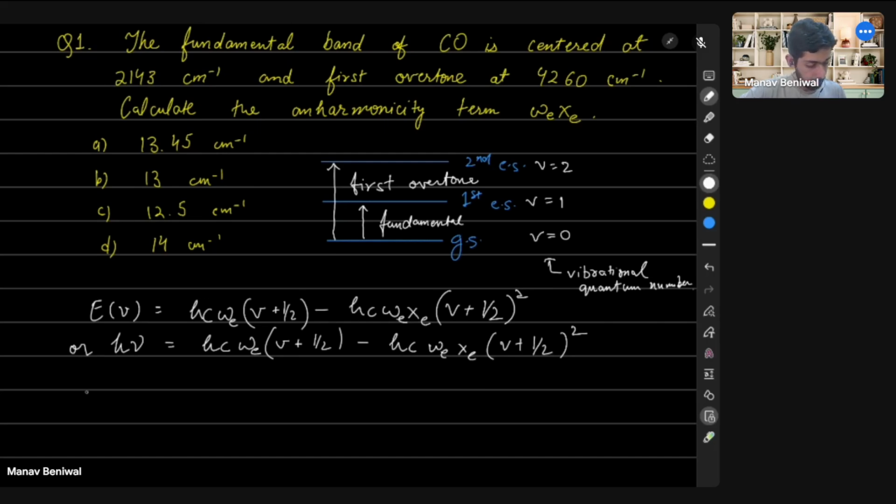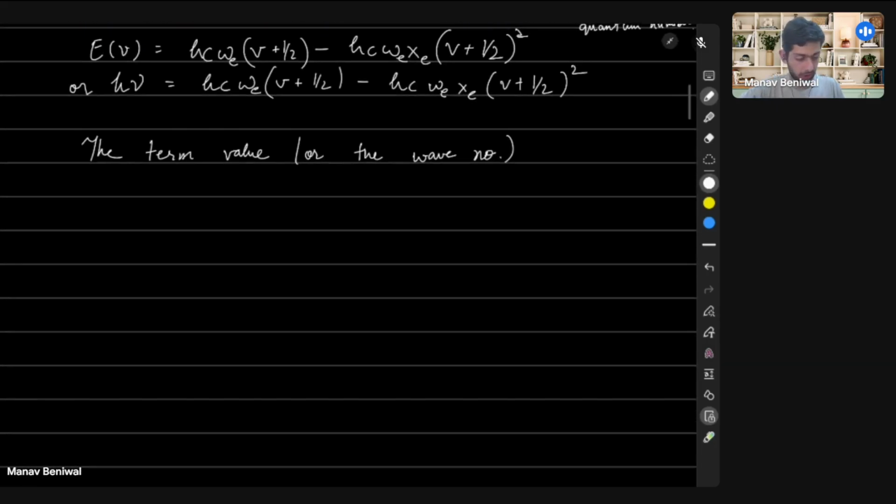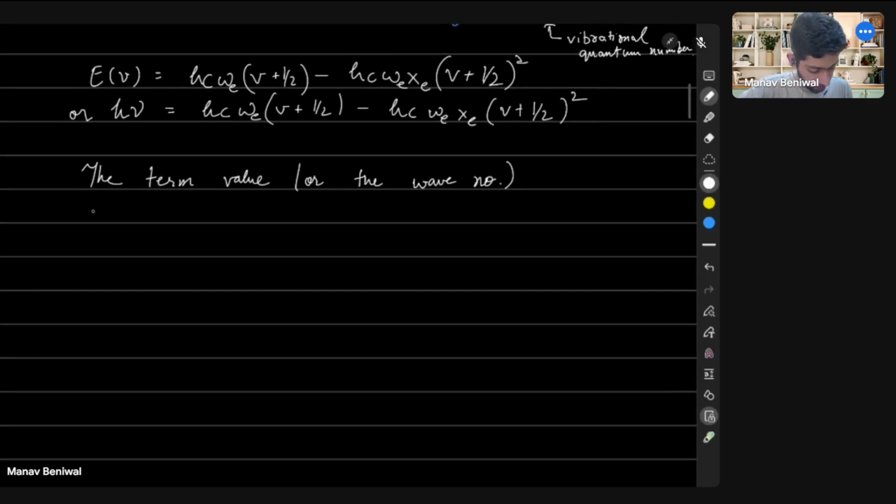So we can write the term value, or the wave number, which is generally denoted by G. So that is nu by c, and here we can cancel out h, and if we take c to the left hand side, we will get this.